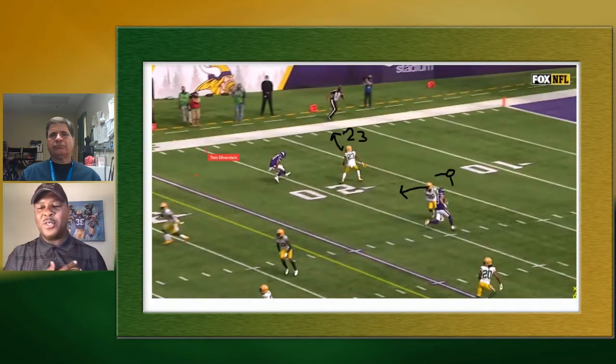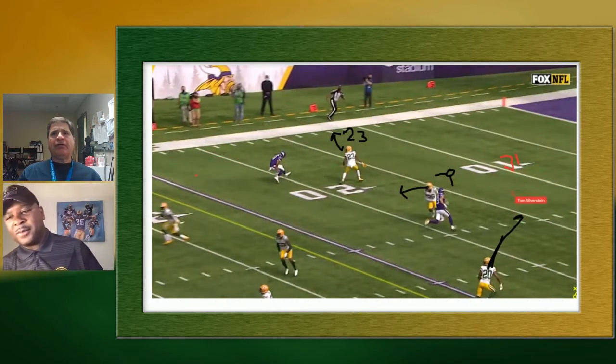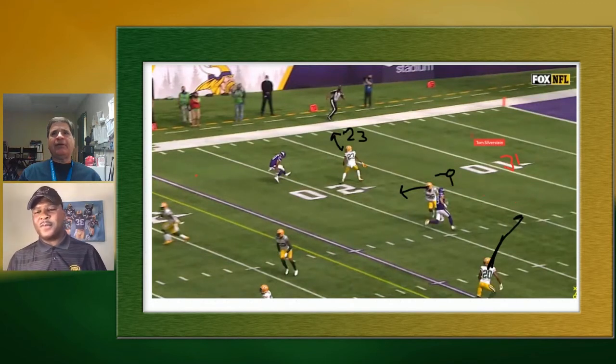Now, one thing we would do to help him, Kevin King has no work. He can rotate to the middle to help out. Yeah, and we should note that Adrian Amos is back here in the middle. Right. But he's covering the deep middle, and he'll try to get over here, but he's not going to make it.